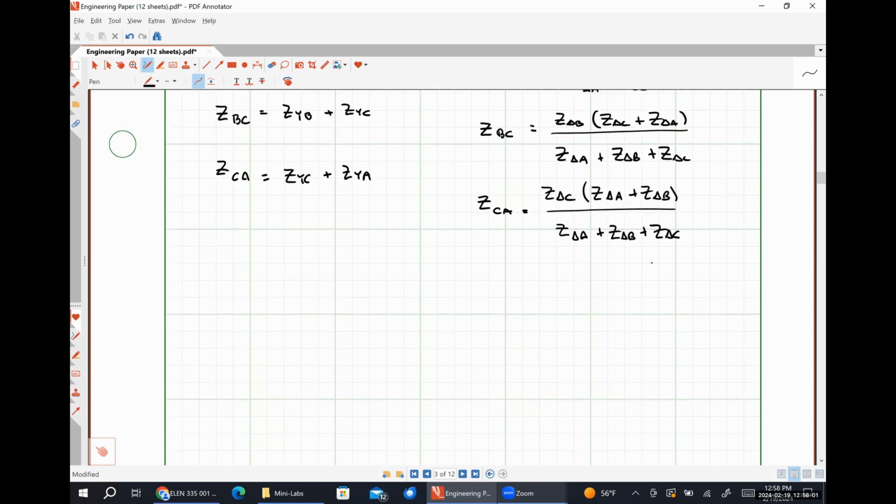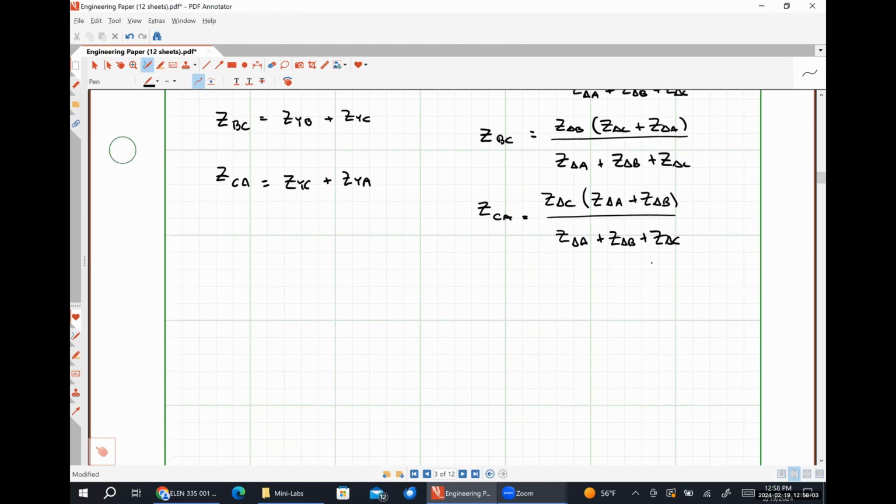So for a Y to delta transformation, what we're going to wind up having, and let me put in parentheses here, this means ZYA, ZYB, ZYC are known.